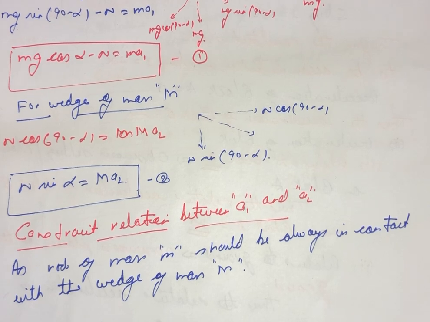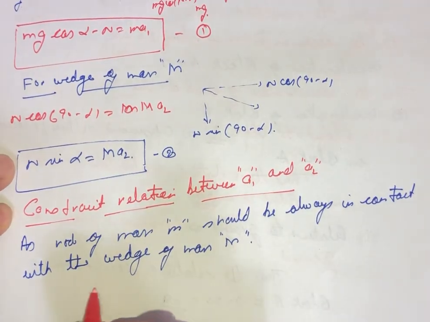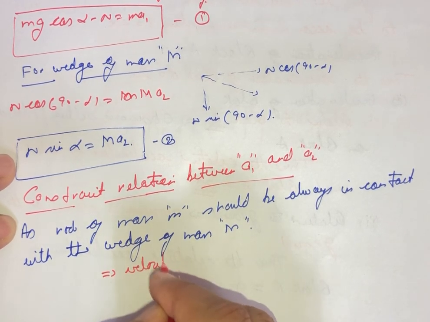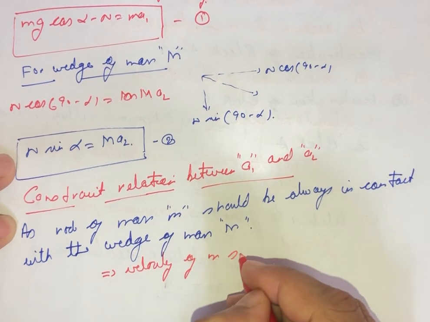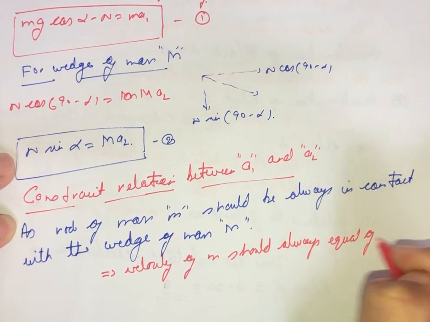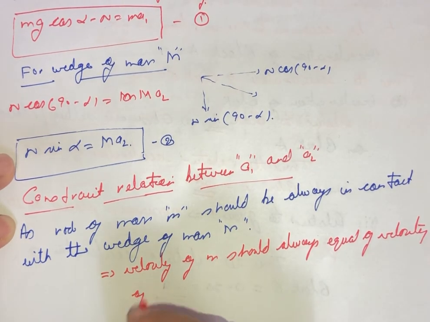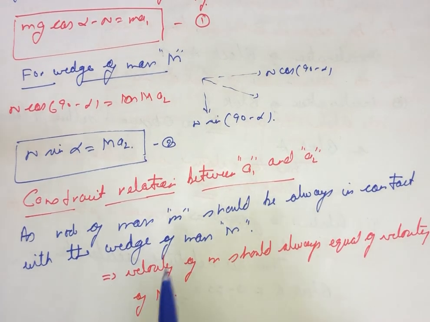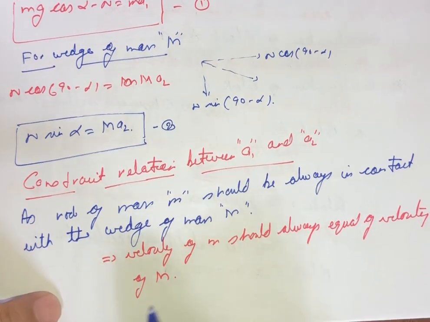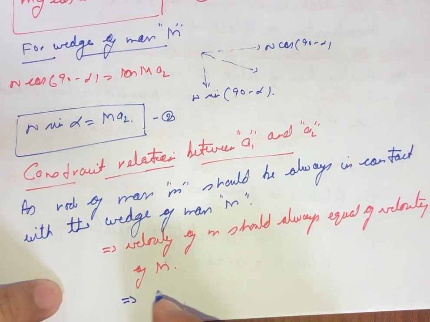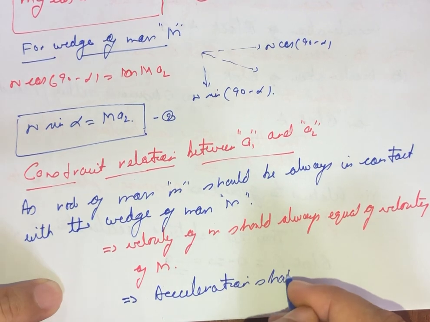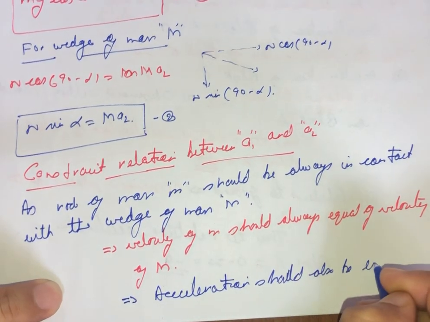Okay, so under this condition, the velocity of small m should be always equal to the velocity of capital M, and we already know we have a relationship between velocity and acceleration, so we can also say that the acceleration should also be equal.